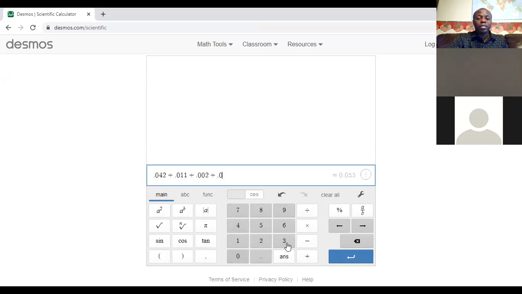Of course, 0.000 is zero, not nothing, it's just a placeholder. That gives us 0.055.